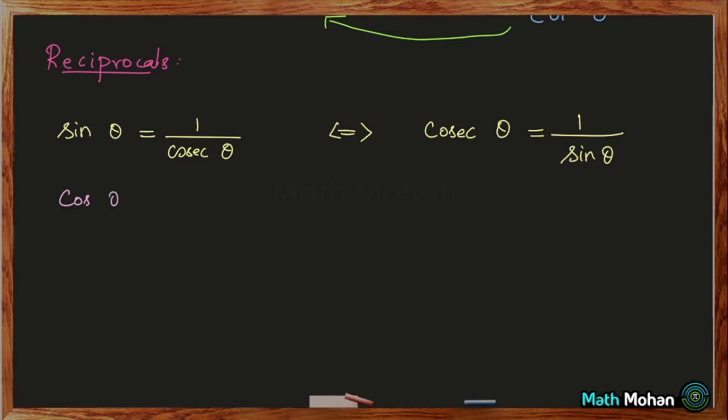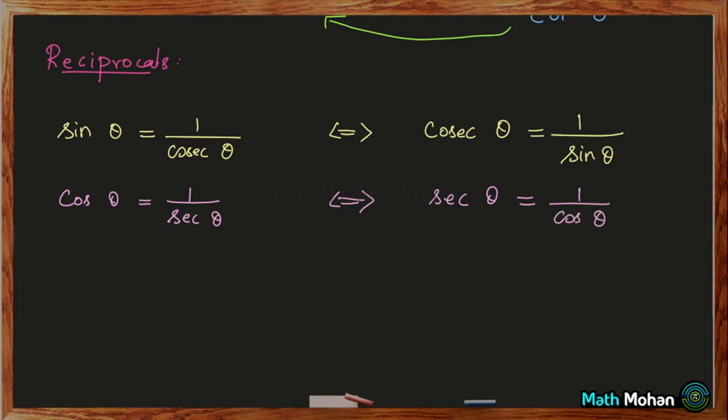Cos theta we can write as 1 by secant theta, and in reverse, secant theta as 1 by cos theta.